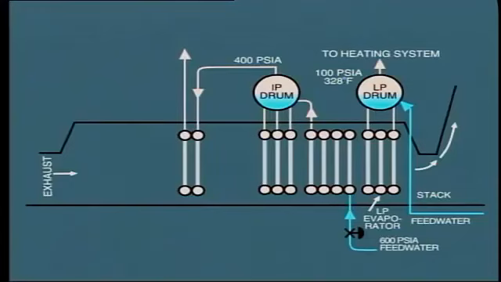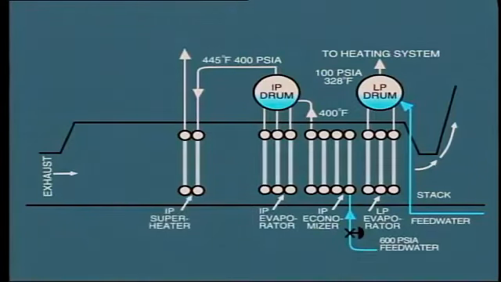Feed water passes through the IP economizer and into the drum. Steam is produced in the evaporation section and rises to the top of the drum. From here, saturated steam is passed through the IP superheater, exiting at a temperature of 700 degrees Fahrenheit. This steam is then delivered to the industrial process in the plant.